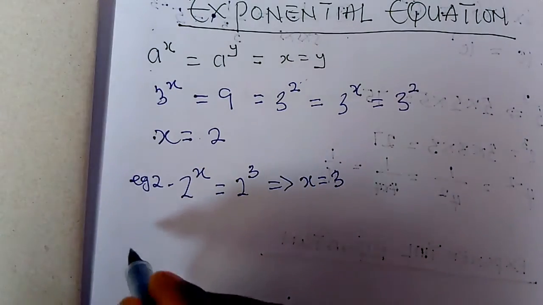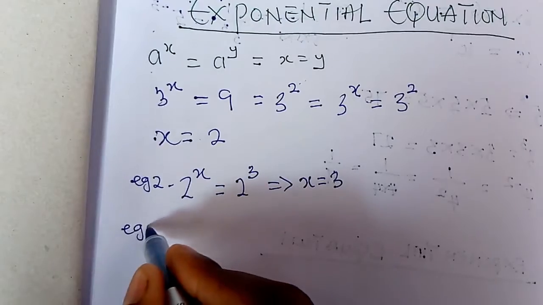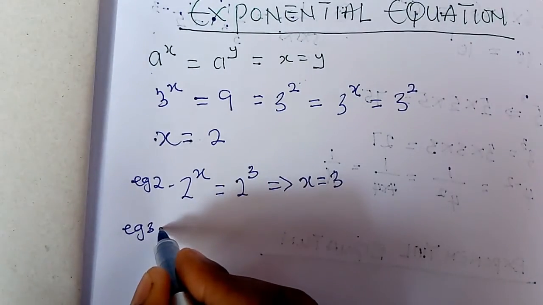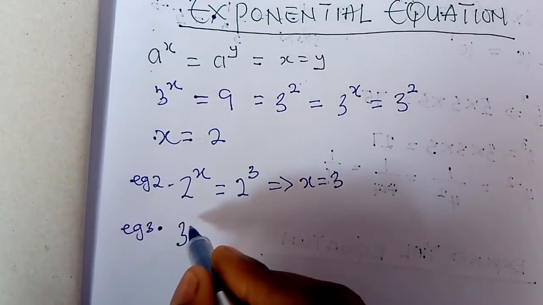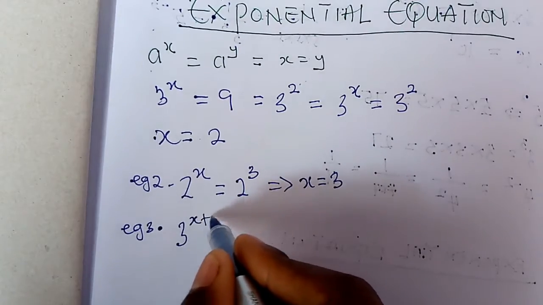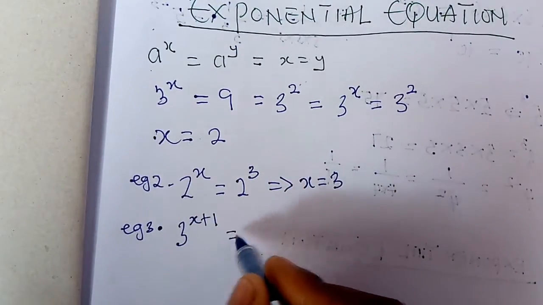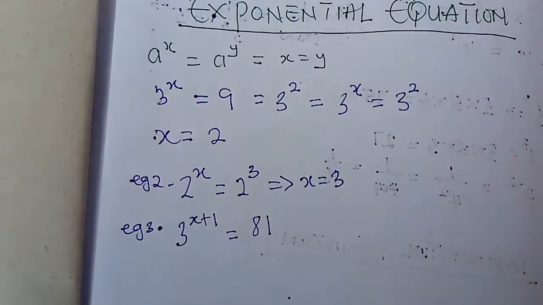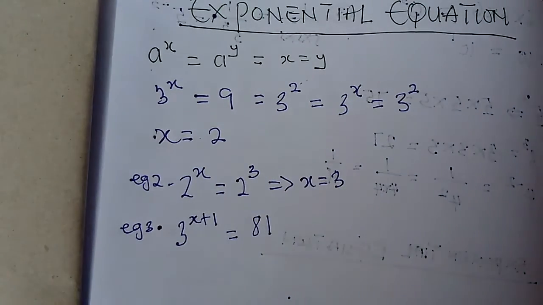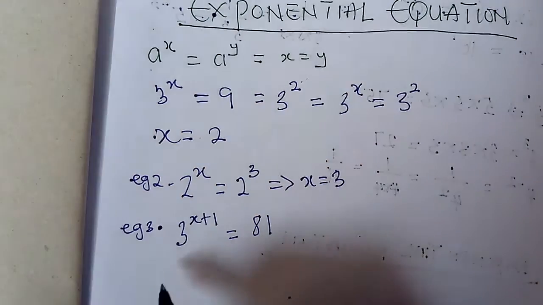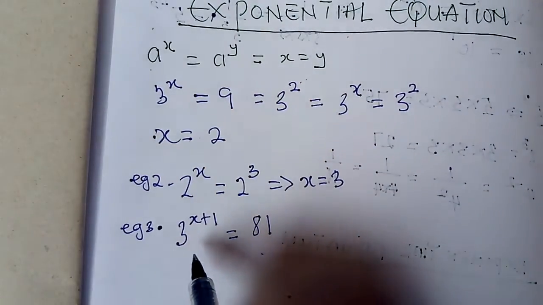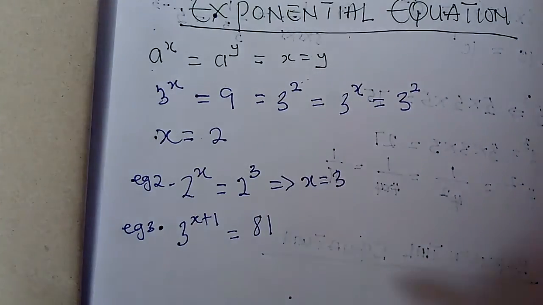So here we have our example 3: 3 raised to the power x plus 1 is equal to 81. Whenever you have a question like this, make sure that you have the same bases. So the base on the left-hand side should be equal to the base on the right-hand side.